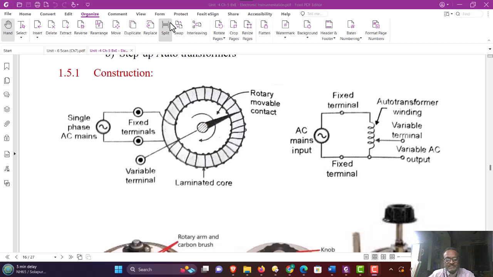This wiper makes the electrical connection between the point of contact and the output terminal. And therefore, by changing the wiper position, we can change the voltage between either of the fixed terminals with respect to the variable terminal.